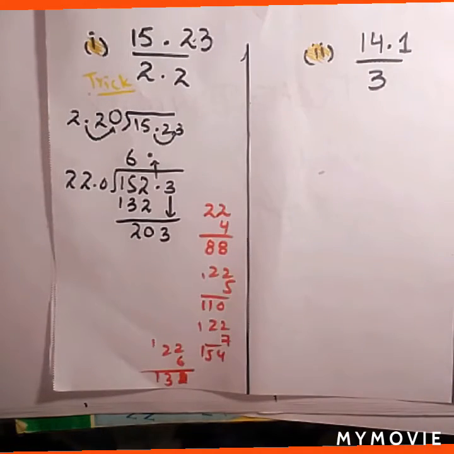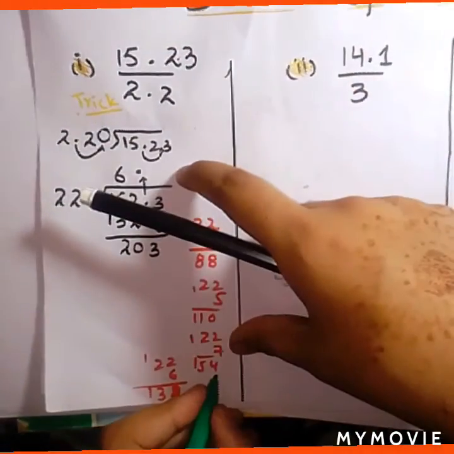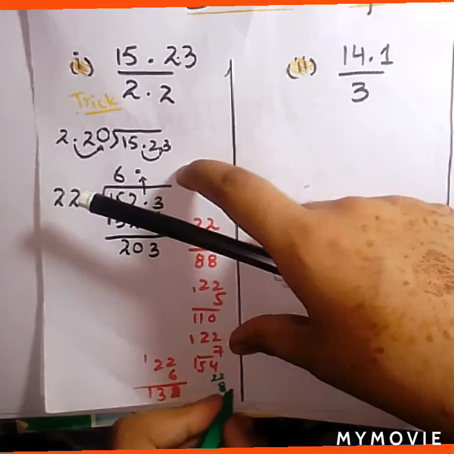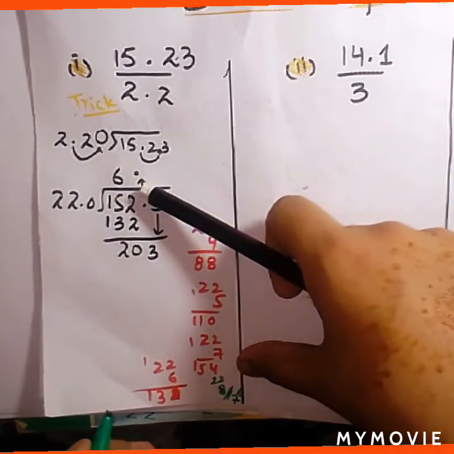Now check where 203 comes in the table of 22. We have checked 22 till 7. Now check 22 on 8 or 9. For 8, 8 twos are 16, 176.